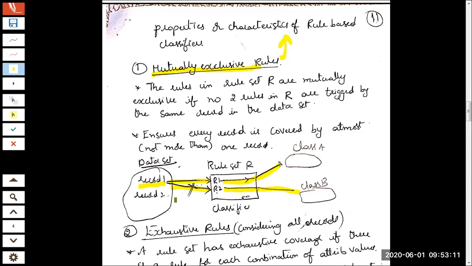Now you may ask: does it mean a record cannot trigger two rules at the same time? The answer is that a record can trigger two rules at the same time.